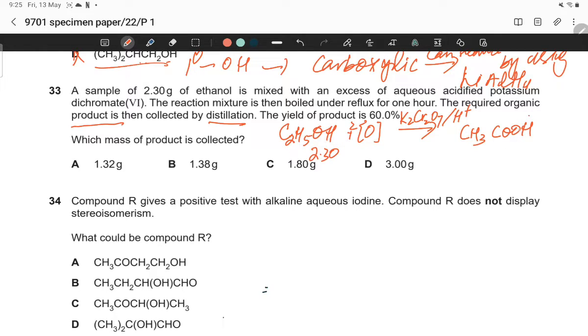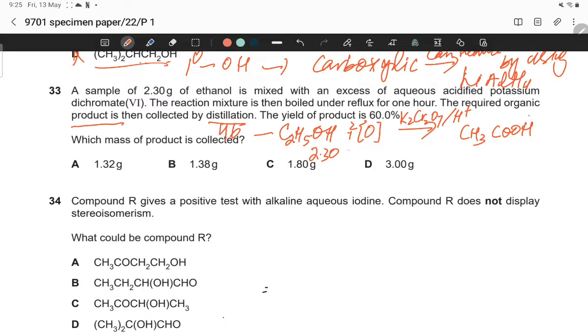This is 2.30 gram. Can we find out the mass? We know the Mr is 46.